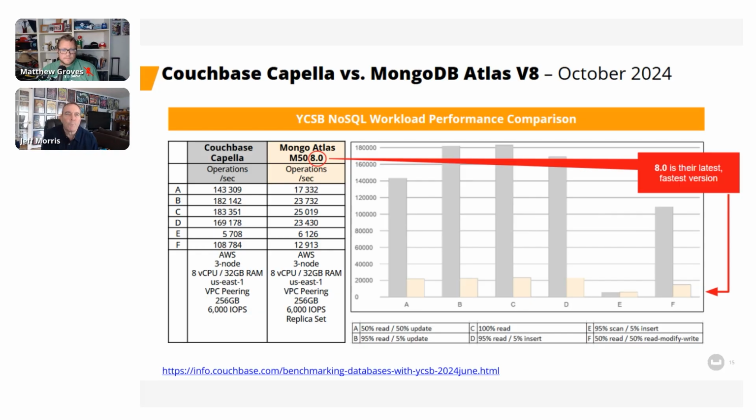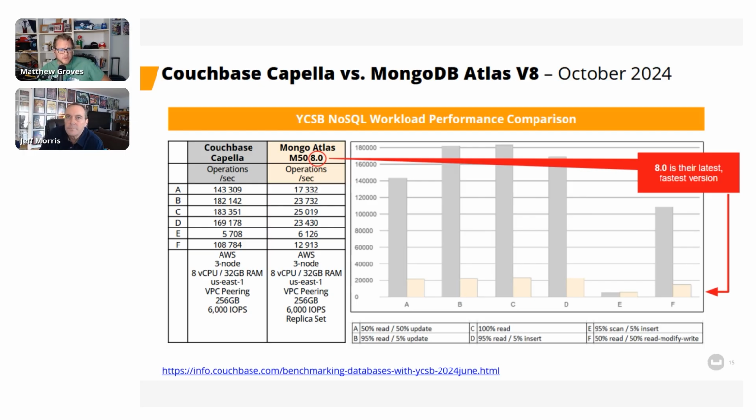And then even more recently, looking at when version 8 of Mongo came out, that's their newest, fastest release. They touted it as being percentage points faster than before. Awesome for them, but still, in comparison to what Couchbase is able to do, it doesn't hold a candle to what we're doing on the same hardware, same environment, same kind of work.